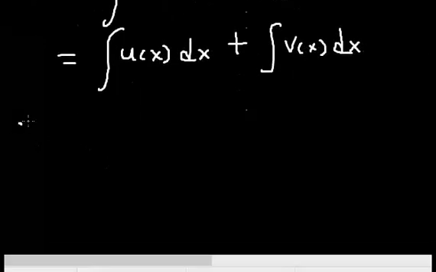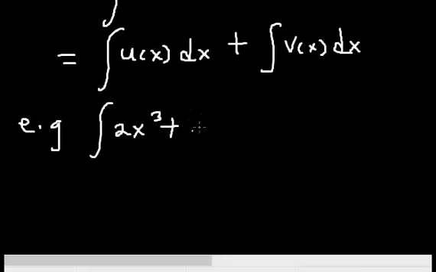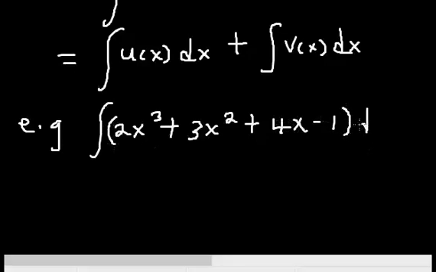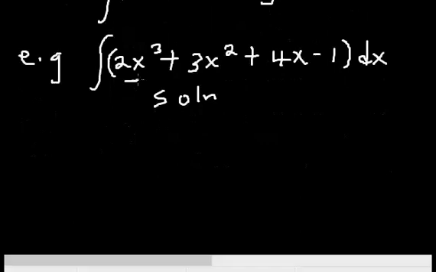So for example, if you are given this, find the integral of 2x raised to power 3 minus 3x squared plus 4x minus 1, all with respect to x. Solution. All you are going to do is integrate them one after the other, and of course add and subtract them.